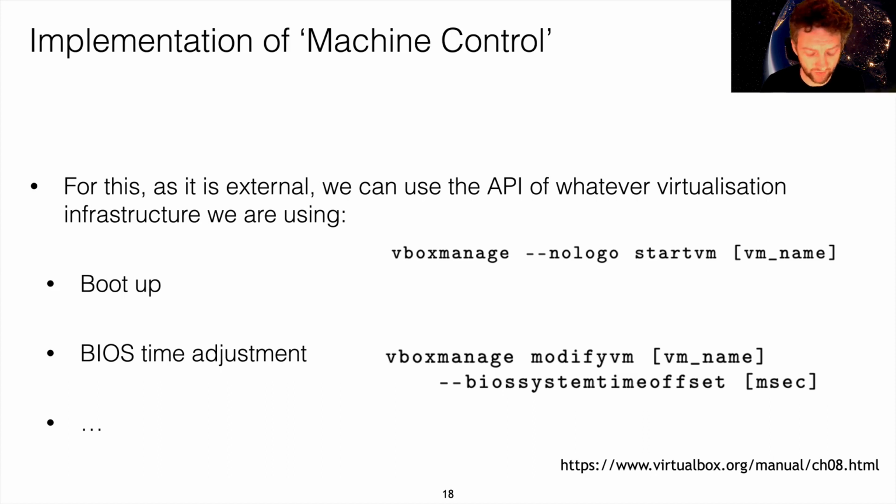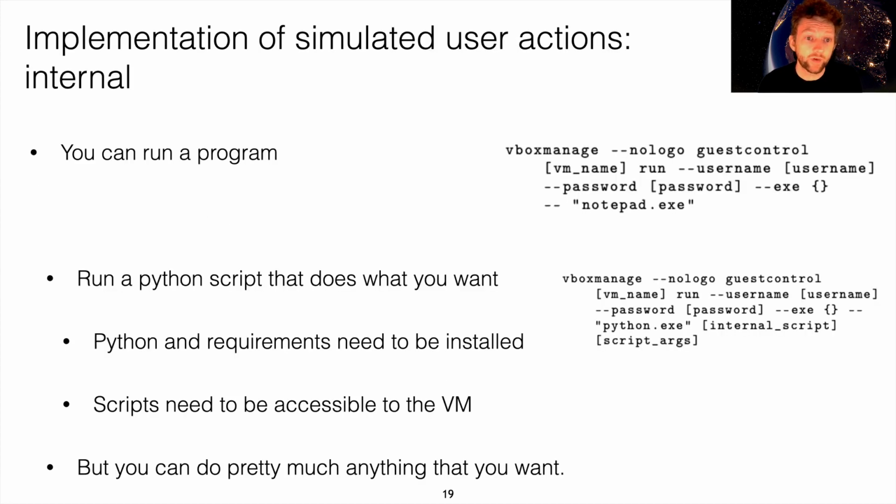You can adjust the BIOS time, you can shut down the machine in a kind of uncontrolled way. This is kind of what you're going to be using, the API of whatever virtualization infrastructure, for doing this sort of thing. In terms of simulating the actual user actions, there's kind of two options here, internal and external, essentially.